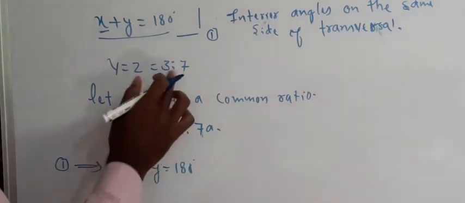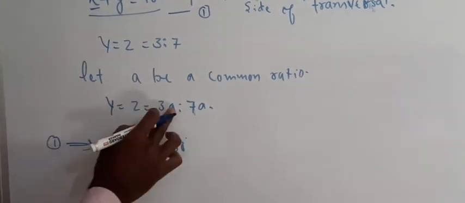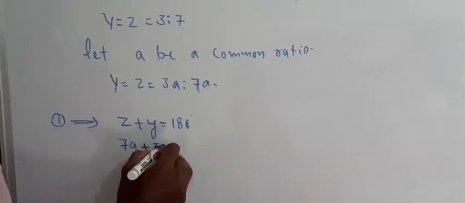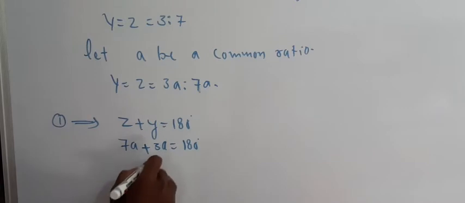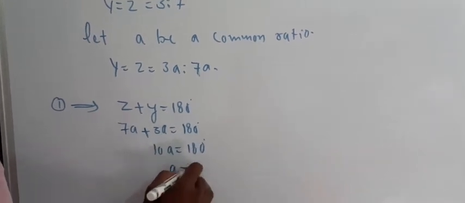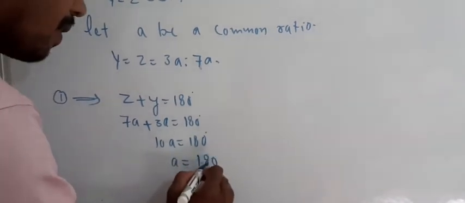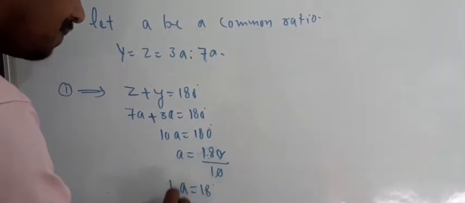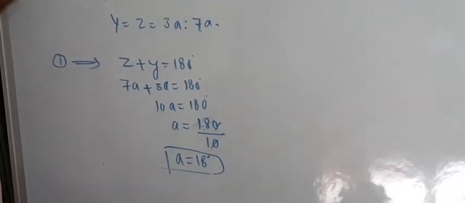What is Z here? 7A plus what is Y here? Y is 3A, which is equal to 180 degree. So 10A is equal to 180 degree. Then A will be equal to 180 divided by 10. This will be equal to 18 degree.